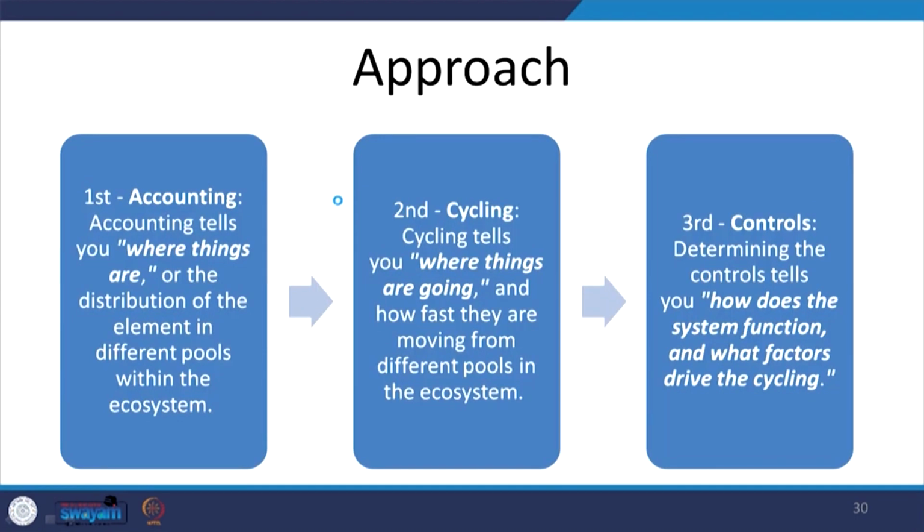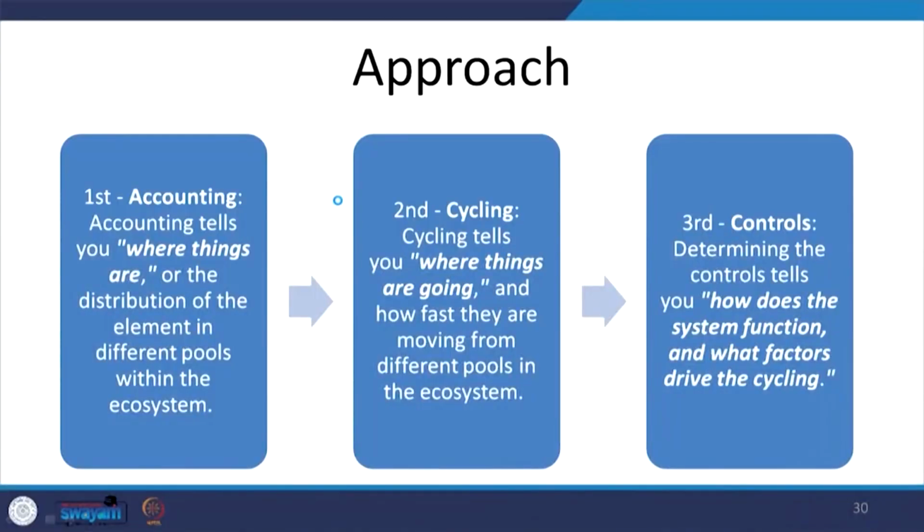But before we understand how the water cycle or any other cycle is being altered, we have to follow a systematic approach. The first of it is accounting. We have to first know where things are, how much of that particular component is stored in the ecosystem, in which place.